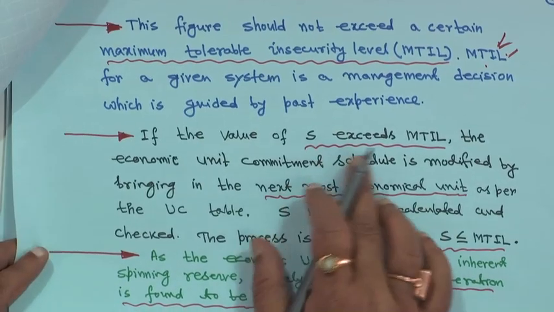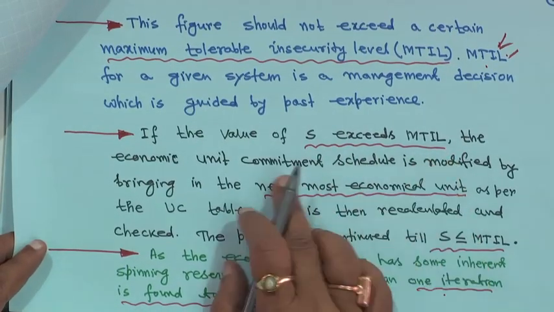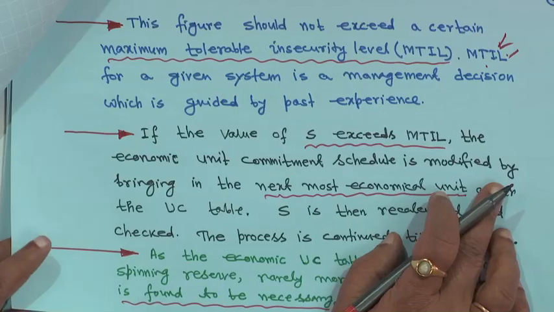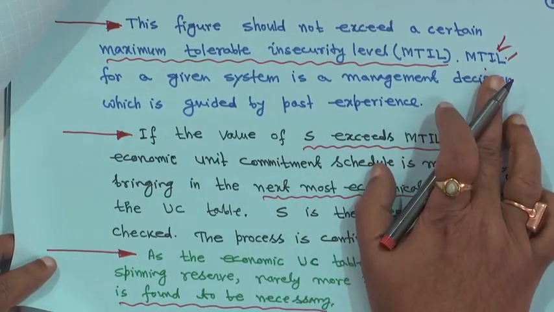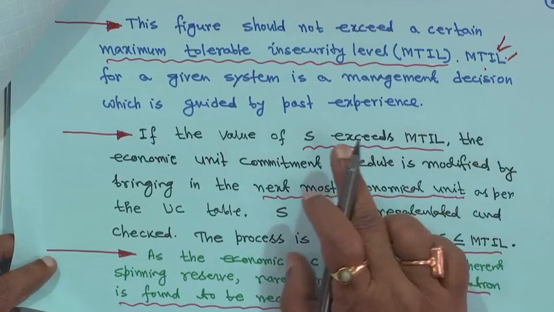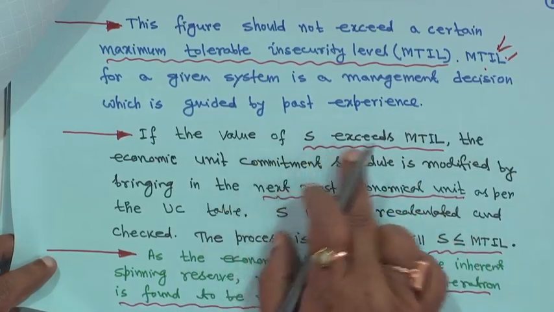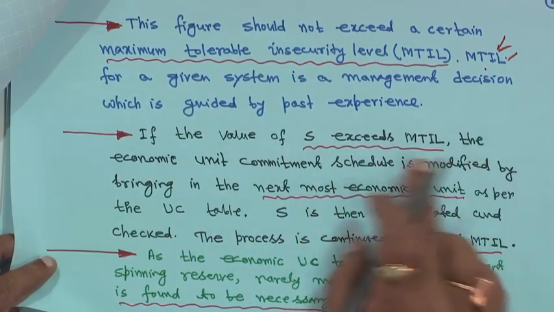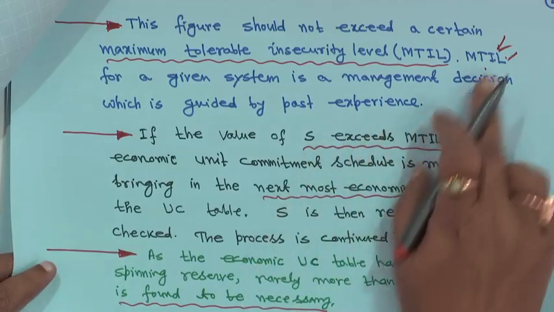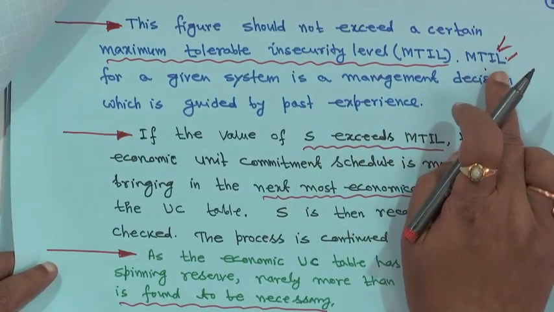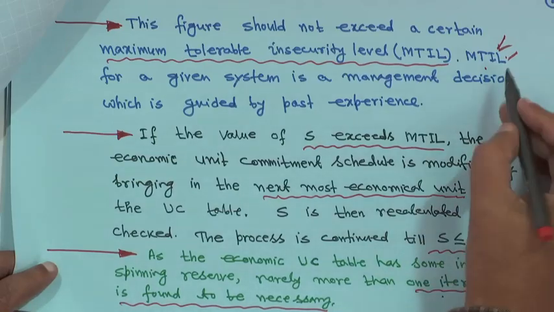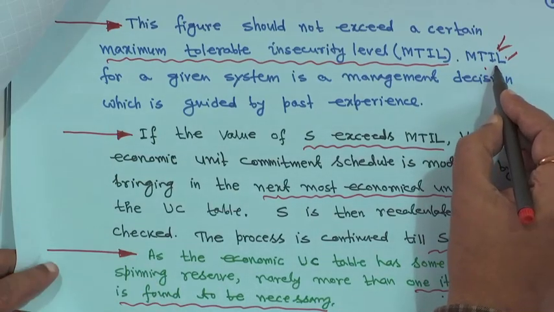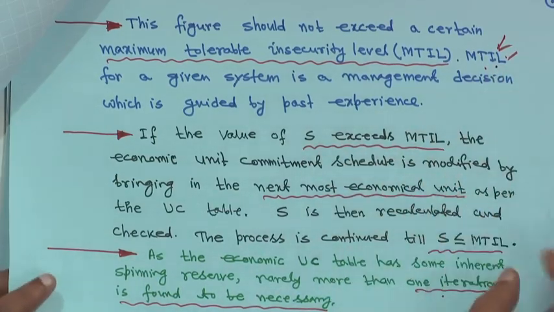If the value of S exceeds this, then the economic unit commitment schedule is modified. Suppose you have defined MTIL as 0.0005, and S becomes, for example, 0.05 or 0.06. It is exceeding this, meaning the condition you set is not matched, so you have to rethink and go for a second iteration.